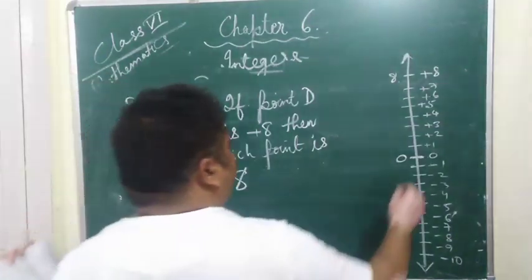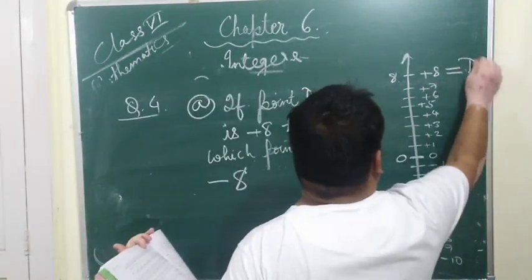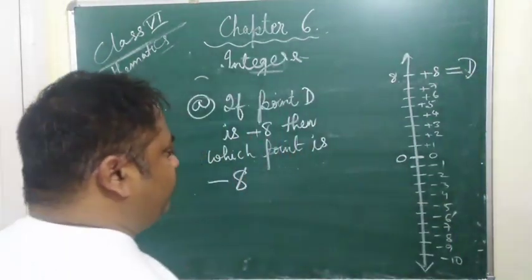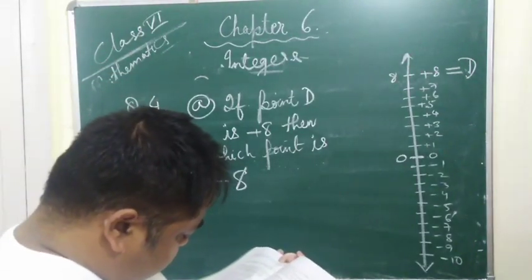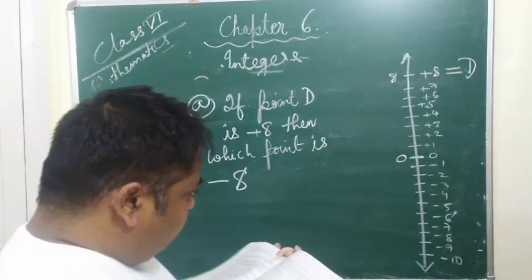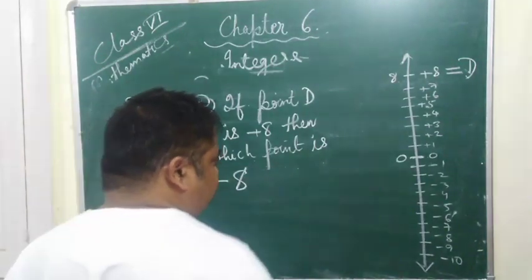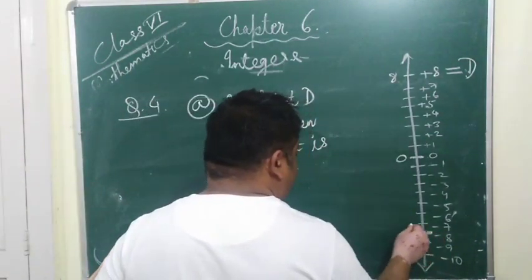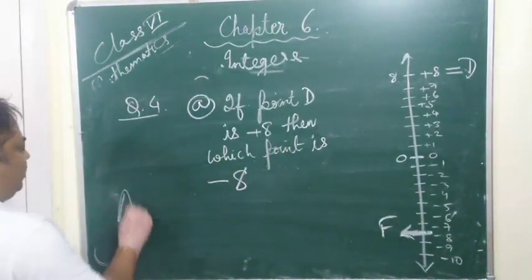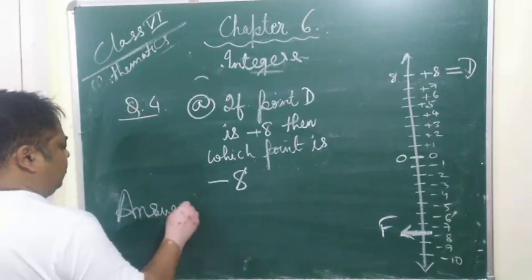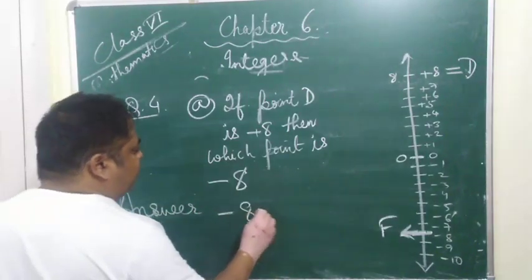Here it is shown in the book that plus 8 is D. So minus 8 we have to find out. If I have to find minus 8, then near minus 8 F is written. Here you will find F is written. So we'll write the answer: minus 8 is equal to F.